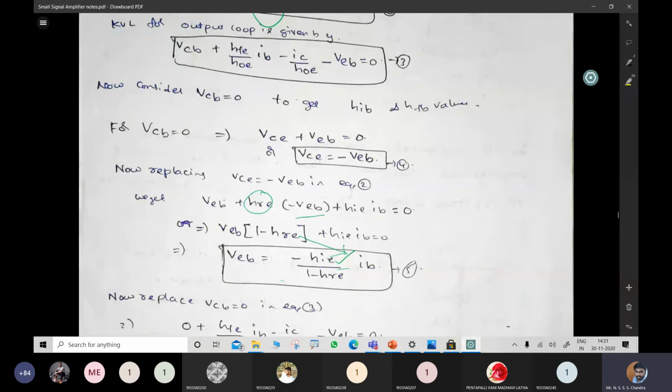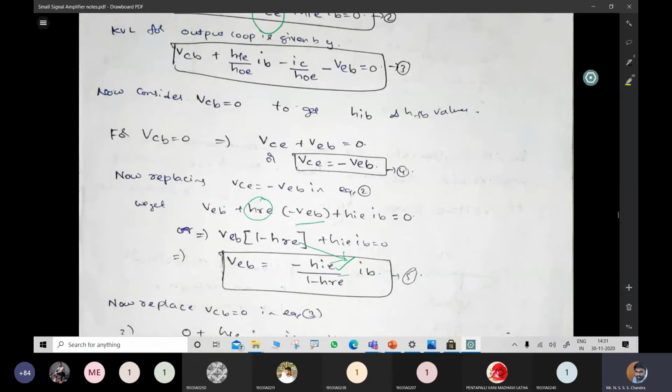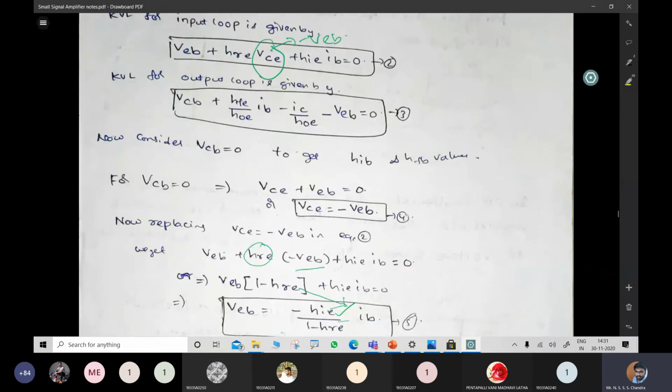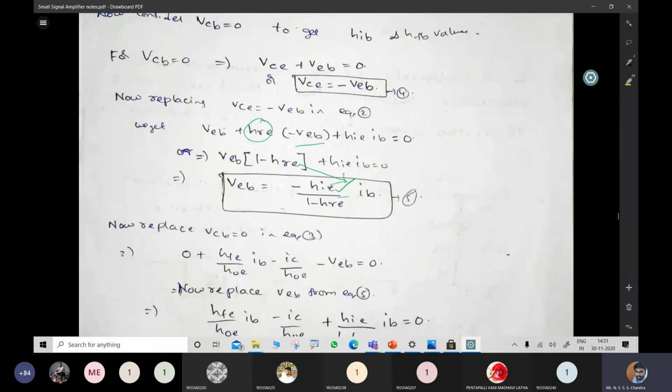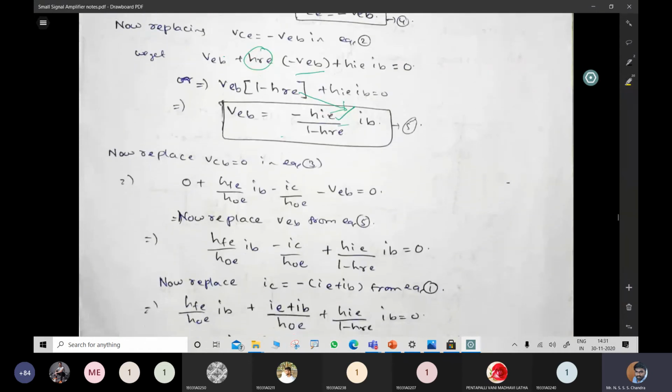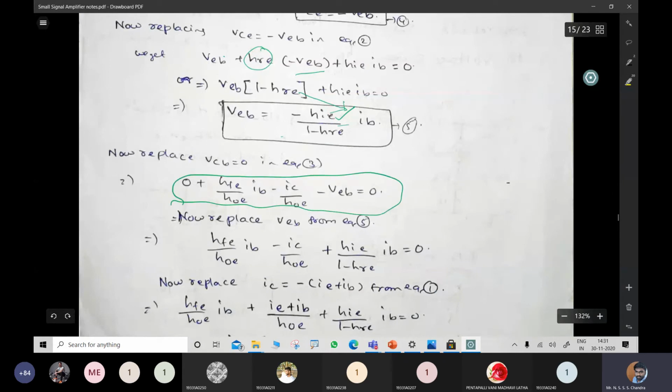Now again we need to replace VCB equal to 0 in equation number 3. If you replace VCB equal to 0 in this equation, this becomes 0. So you will be left with HFE by HOE IB minus IC by HOE minus VEB equal to 0.